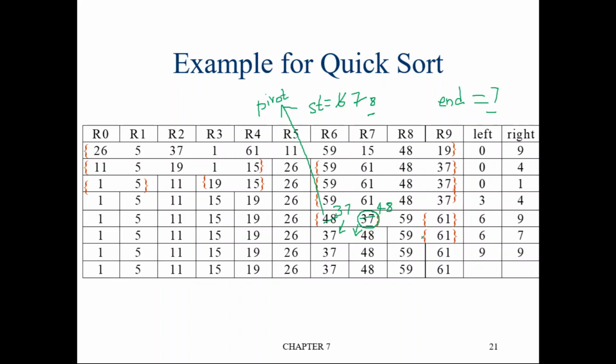After this, only 61 is left out. But if you see 61, its pivot is 61, start will be 9 and end also will be 9. In that case there is only one element. So now everywhere there is only one element, so the algorithm will stop. This is how the principle of quick sort works.